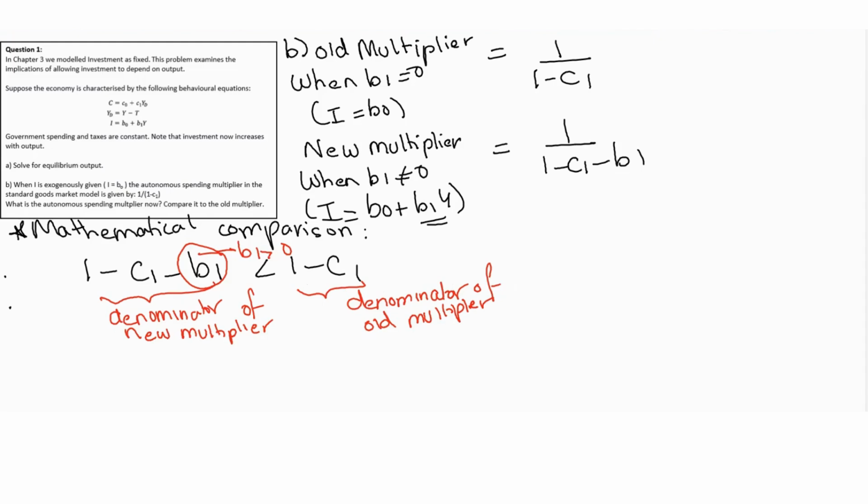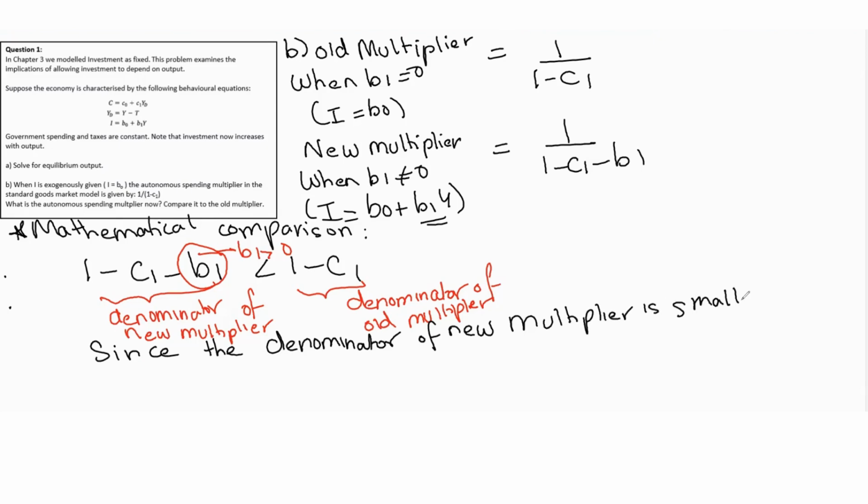Now, since the denominator of the new multiplier is smaller, 1 minus C1 minus B1 is less than 1 minus C1.